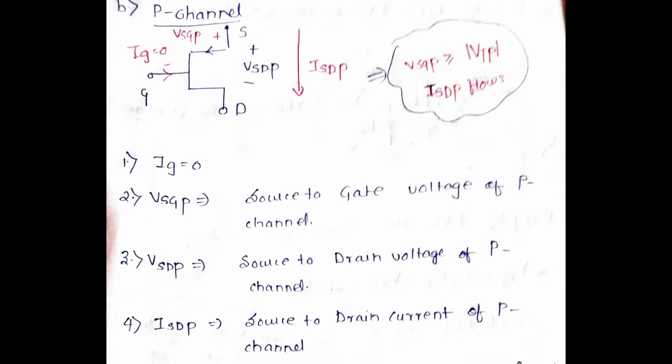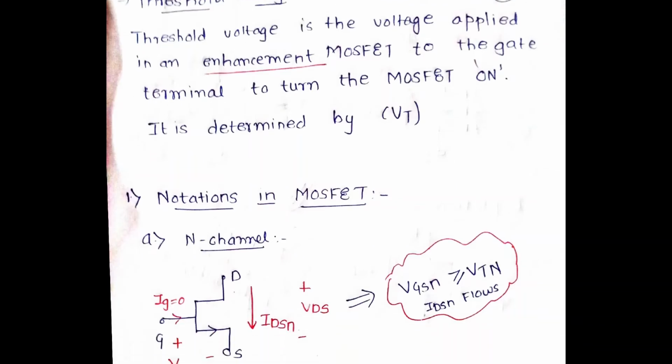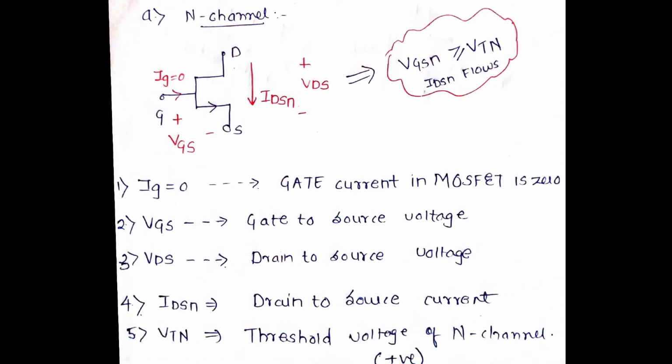Similarly, you have a P-channel MOSFET. In case of your P-channel MOSFET, we have Ig, which is going outward, equal to 0. Then there is VSGP, that is the source to gate voltage, and VSDP, that is the source to drain voltage. Always remember, as I told you, in case of your MOSFET, be it an N-channel MOSFET or a P-channel MOSFET, the gate current is always going to be 0. But in case of N-channel, we have drain to source voltage and gate to source voltage.